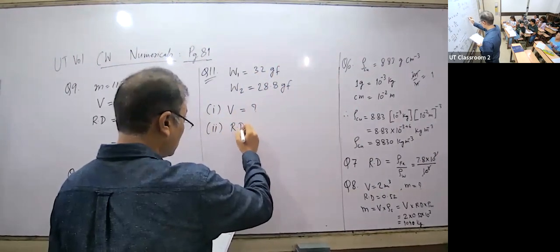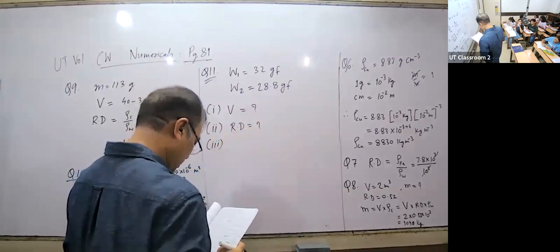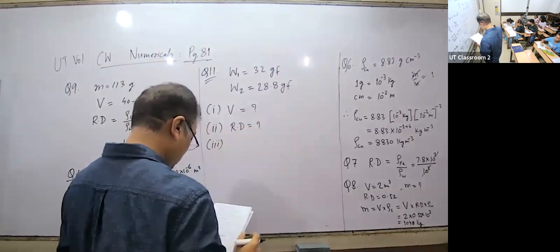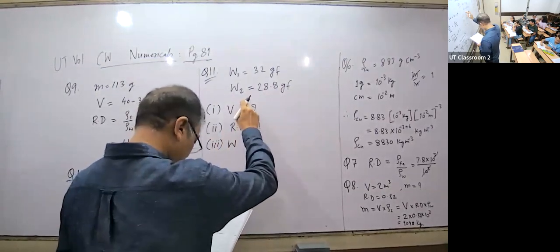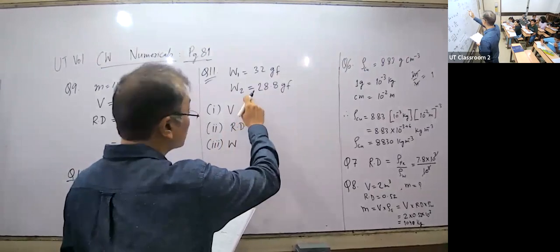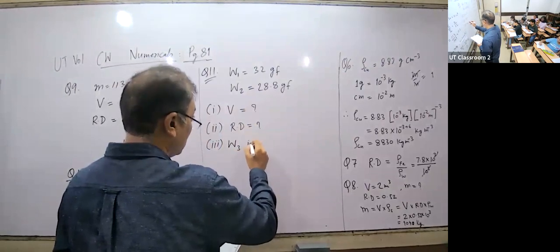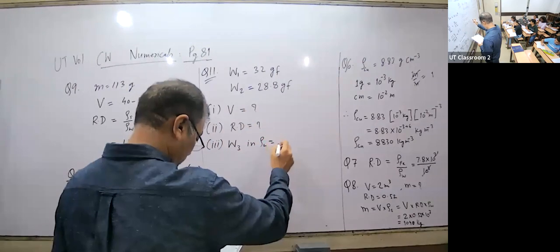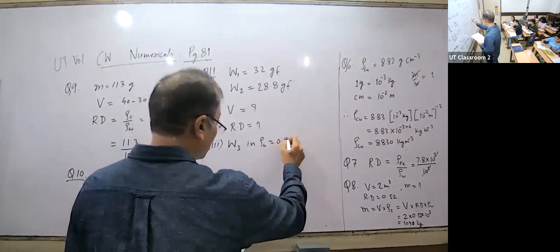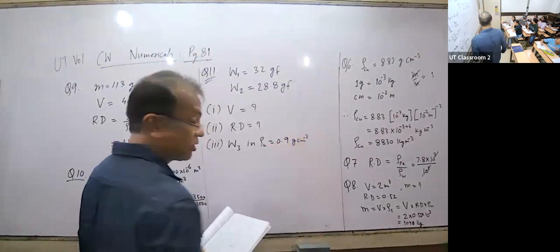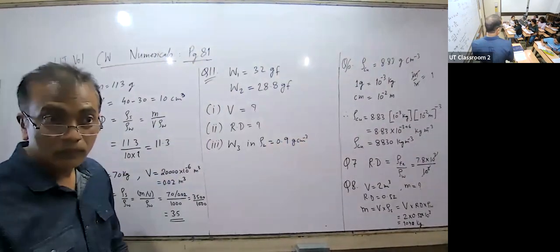Then RD. नहीं, पहले सब given लिखो. थर्ड वाले में weight of solid in liquid of density 0.9. W2 क्या था? Sir 28.8 gram force. This was in water. Yes. Now W3 is in liquid. There are three things. Density 0.9 gram per centimeter cube. ठीक है. अच्छा क्वेश्चन है. तुम्हारे लायक क्वेश्चन. ठीक है. अच्छा.